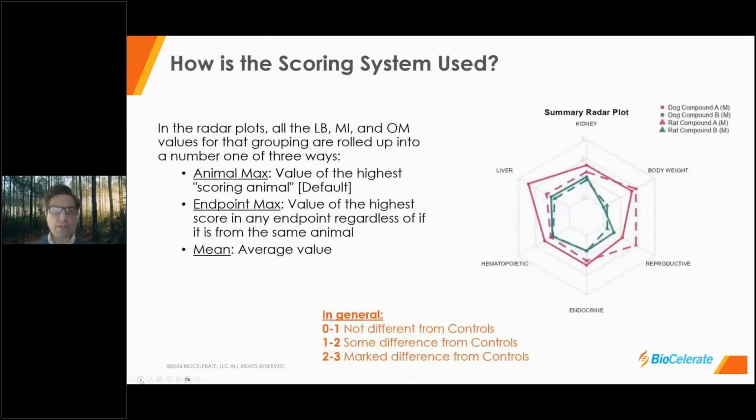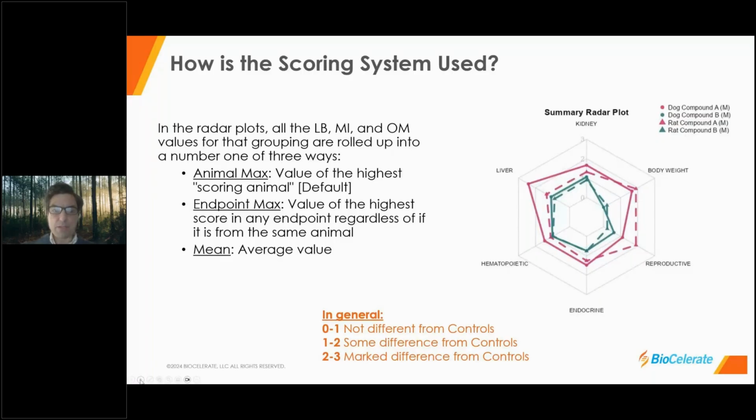Then using similar radar plots from the liver and from the kidney and body, the reproductive system, we can consolidate those spokes into this higher level scoring system. And there are 3 ways that we enable them to be combined together.